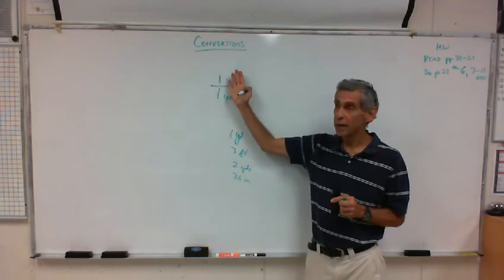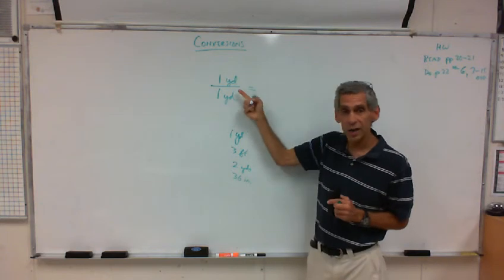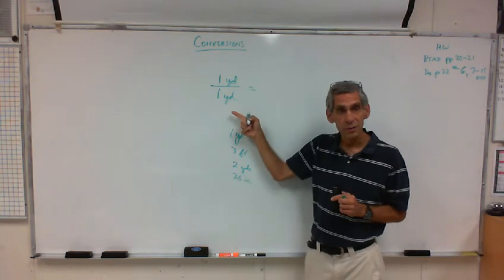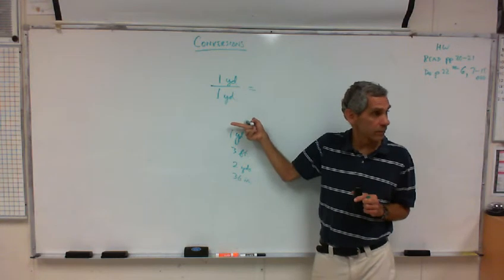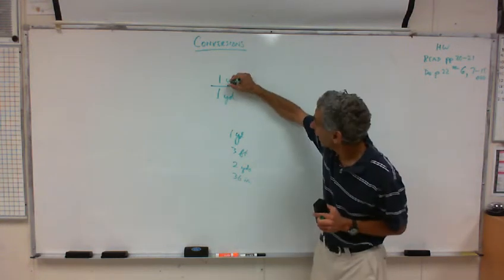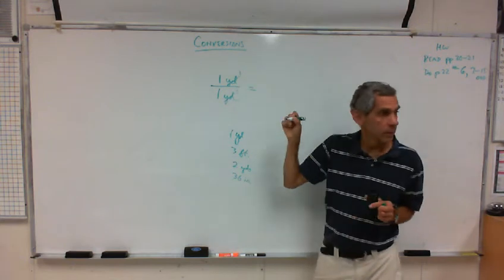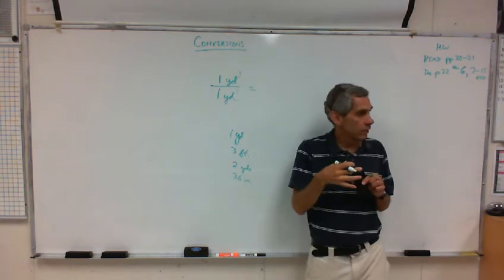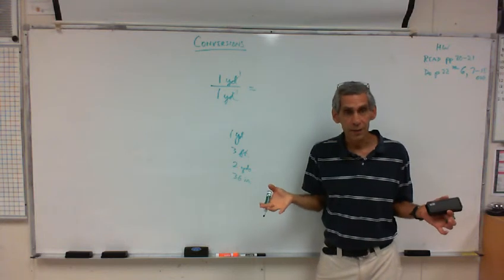1 over 1 certainly is just 1, right? But what's yards over yards? It's 1 as well, right? It's the same thing on the top as on the bottom. So the yards cross out. You see what I'm saying? If you have a Gary on the top and a Gary on the bottom, you only have a 1, right?